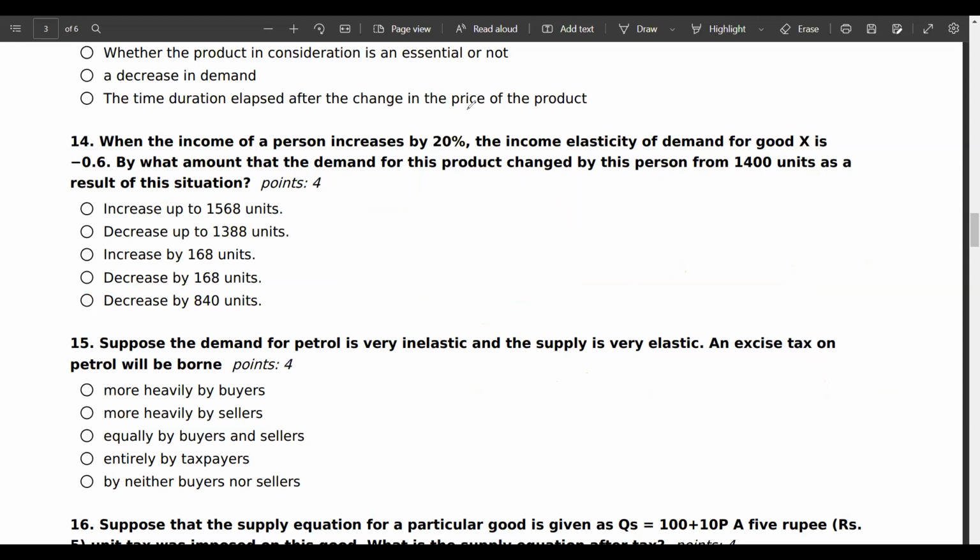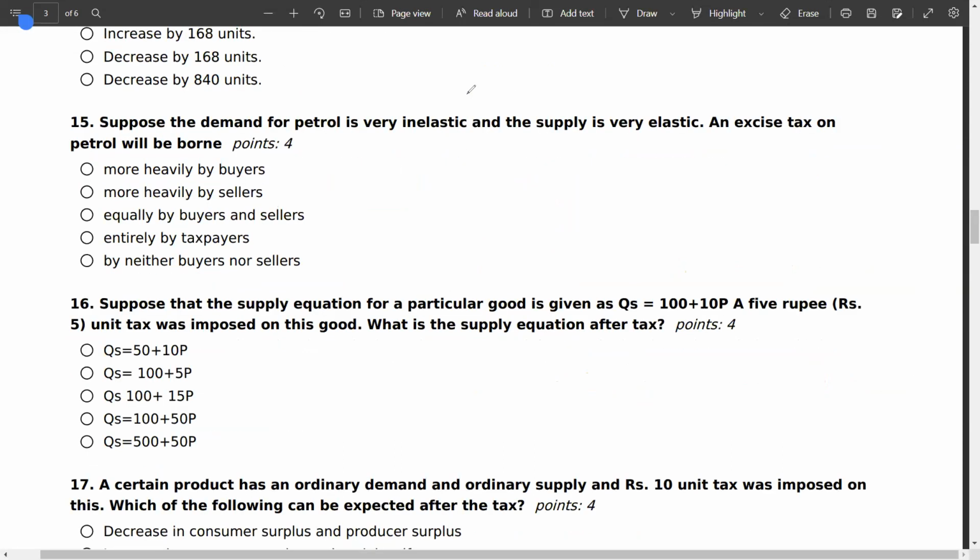Next, suppose the demand for petrol is very inelastic and the supply is very elastic, and excise tax on petrol will be borne more by whom? Heavily by buyers, heavily by sellers, shared equally by one another, or entirely borne by the taxpayers?